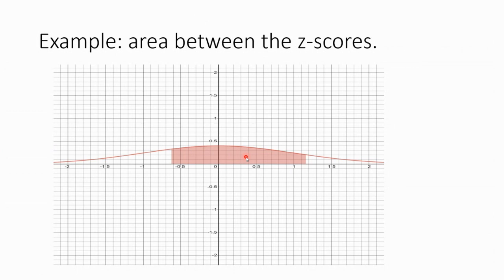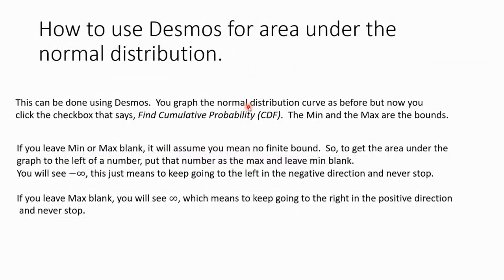Now, as I said before, you can use Desmos to get that area. The table and the z-scores are what people use, but you can also use Desmos as another way. I'll show you shortly; there are also screenshots in the notes.